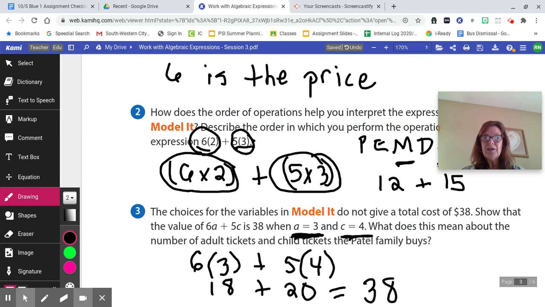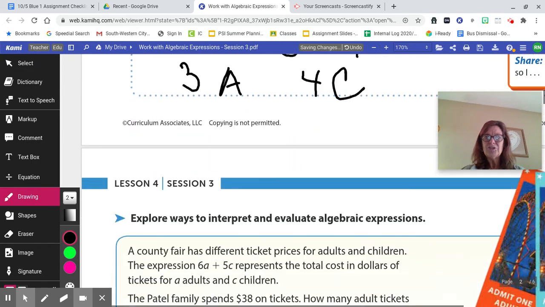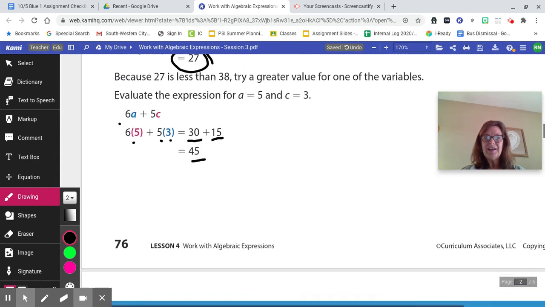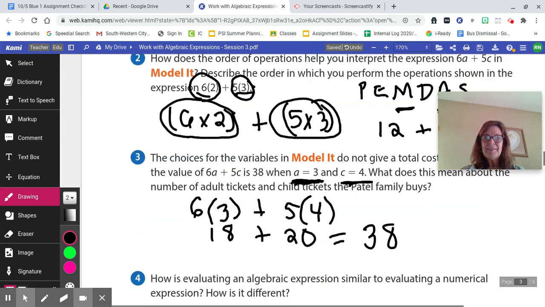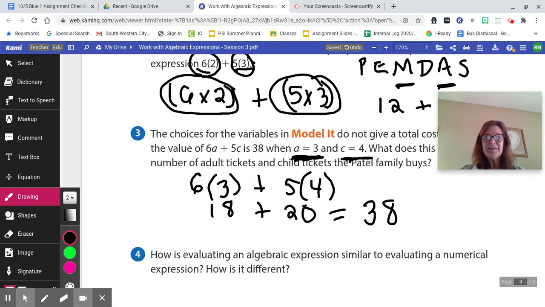So what does that tell me? I know that this 6 represents the cost for the adults, and this 5 is the cost for the children. So 3 adults and 4 children.